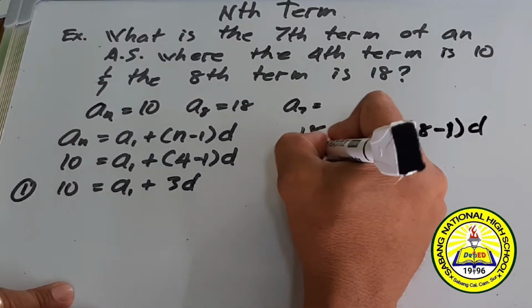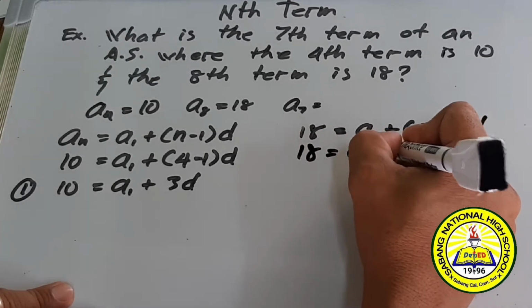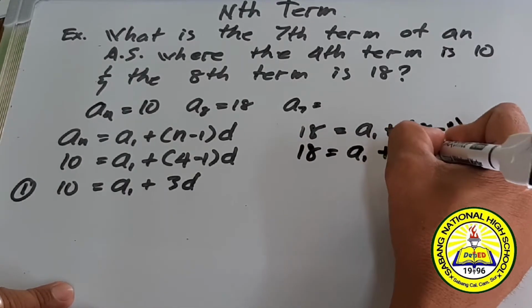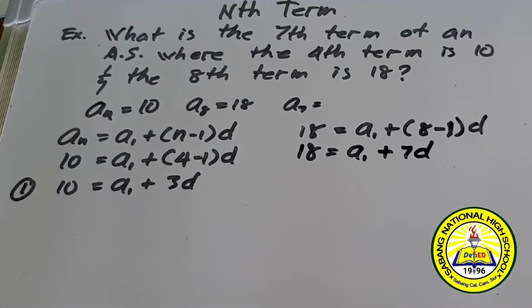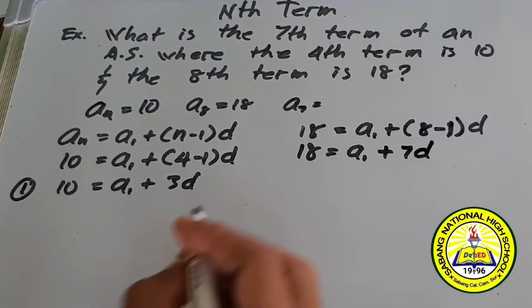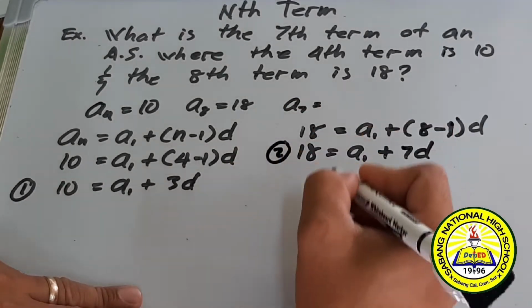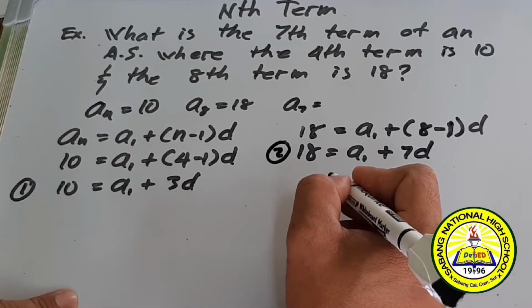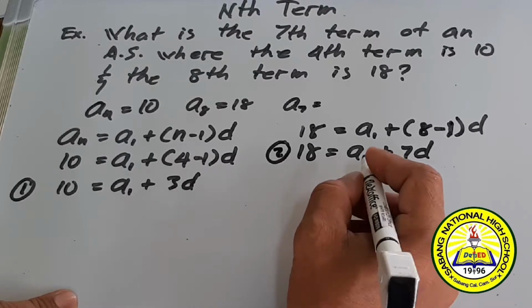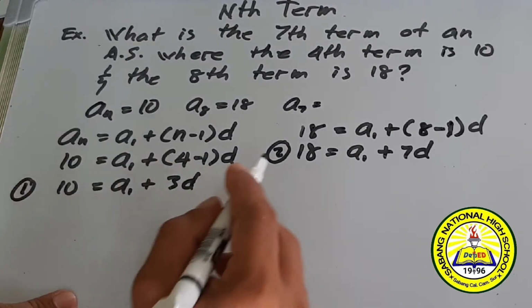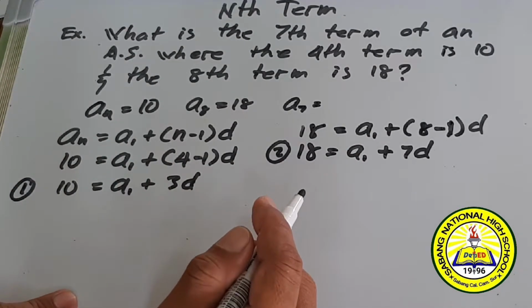So we have 18 is equal to a sub 1 plus 7d. Okay, that is our second equation. We can now simply find the common difference by using this first and second equation.